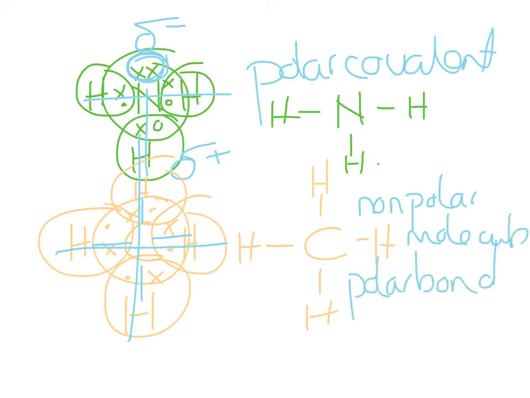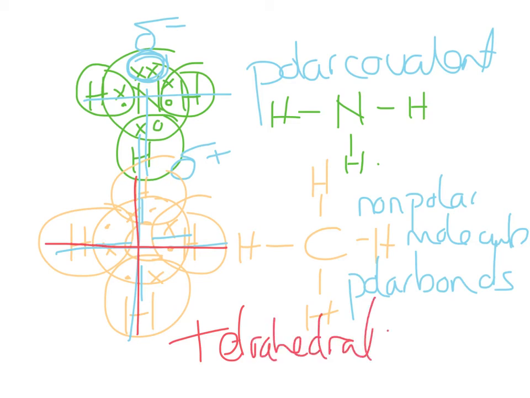And this shape is called tetrahedral. Why? Because it's got 4 bits to it. 1, 2, 3, 4. That's called tetrahedral. The ammonia was trigonal pyramidal.